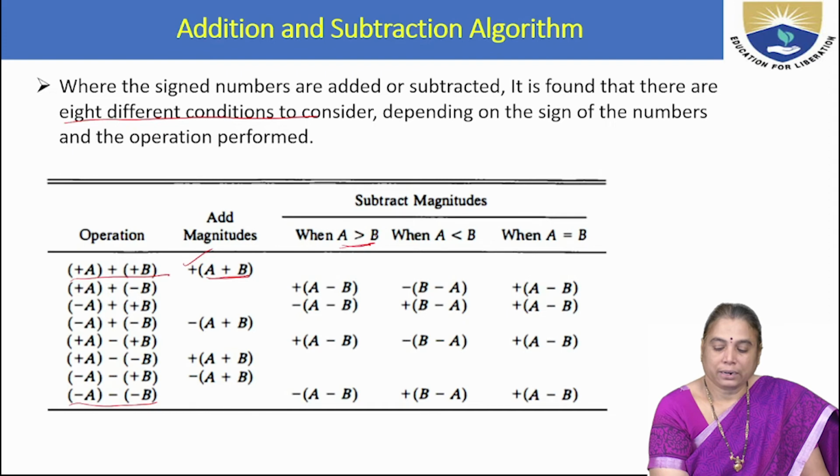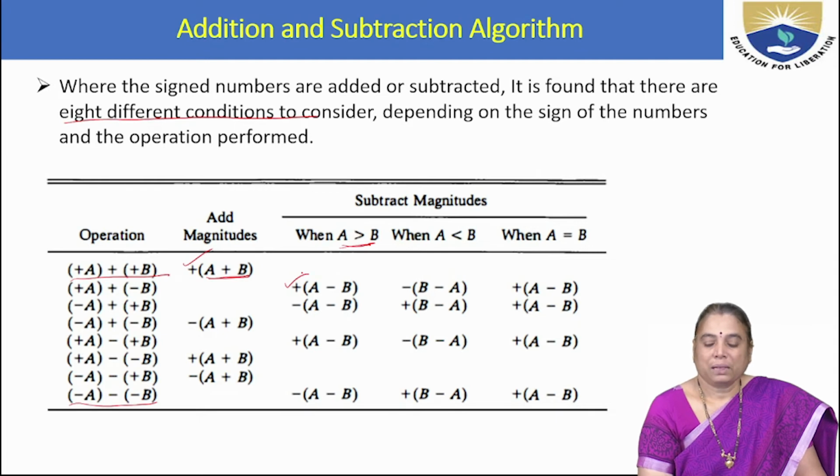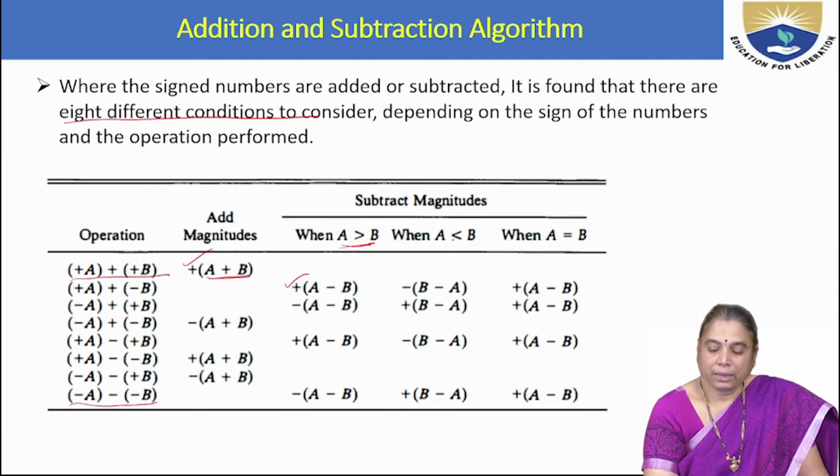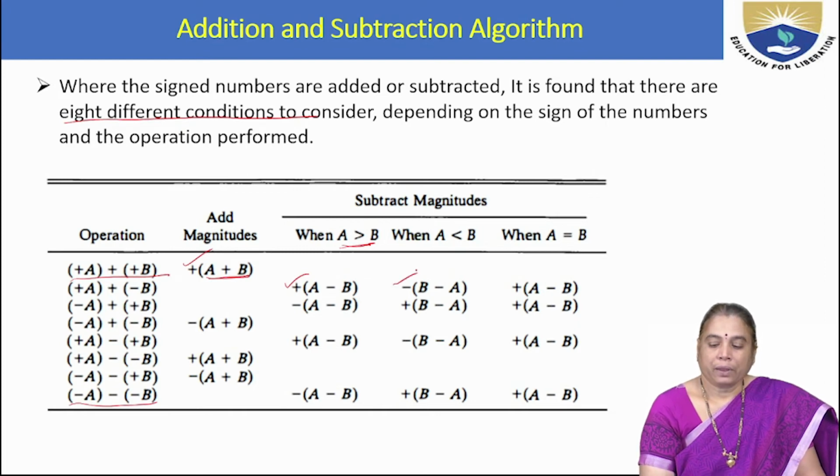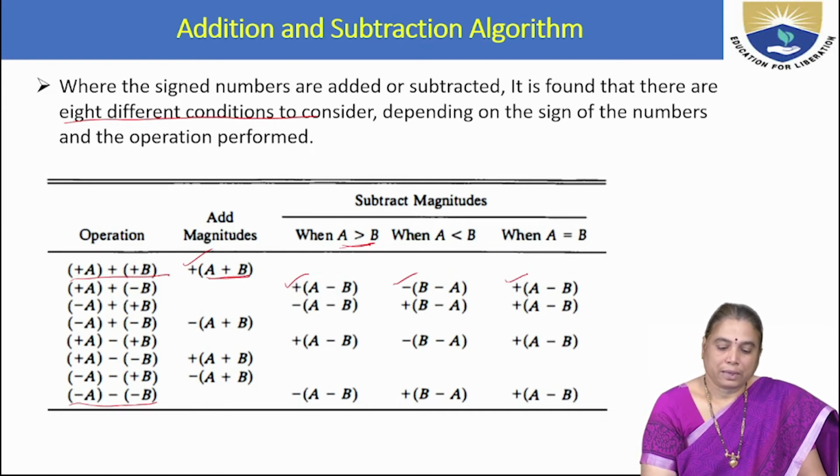If A is greater than B, the A minus B operation is performed and the result has the plus sign. If A is less than B, the B minus A operation is performed and the result has the minus sign. If both are equal, A minus B is performed and the result has the plus sign.